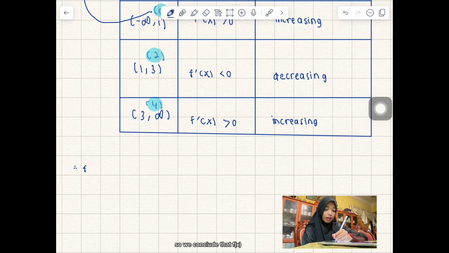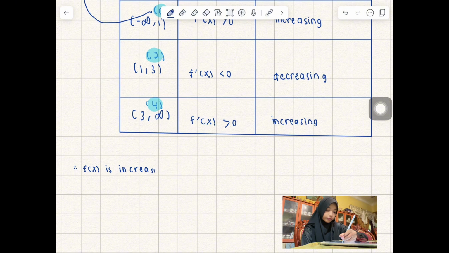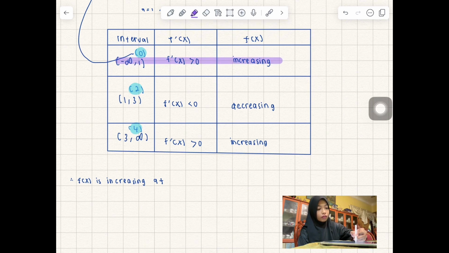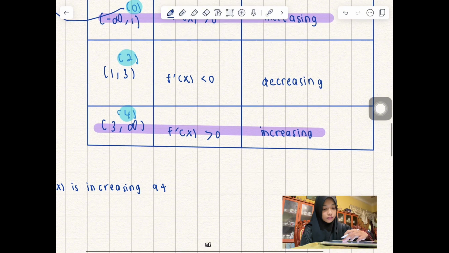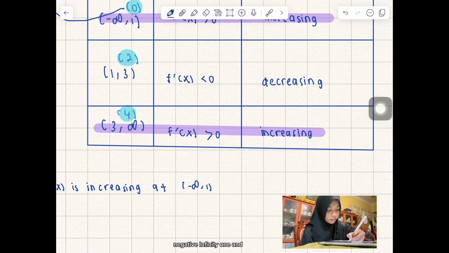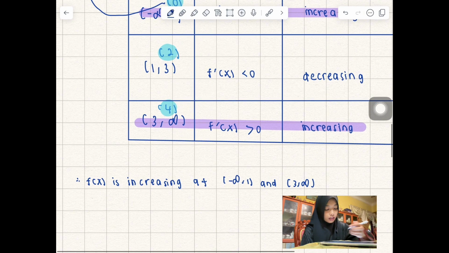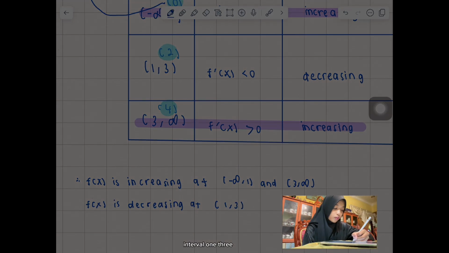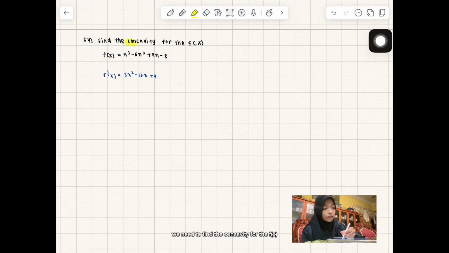So we conclude that f(x) is increasing at negative infinity to 1 and 3 to infinity, and f(x) is decreasing at interval 1 to 3.